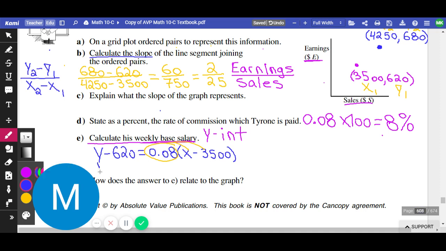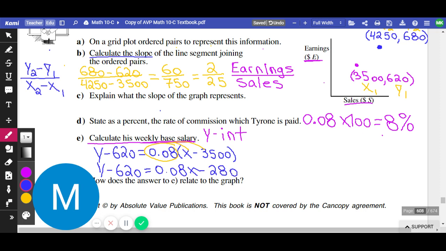That gives me y minus 620 equals, I'm going to have to do 8% of 3,500. It's 0.08x minus 280.